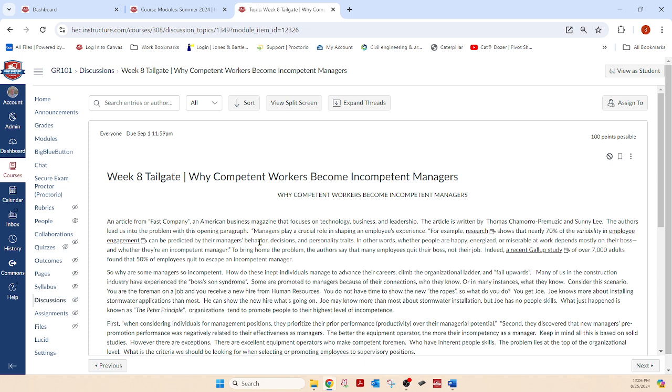Each response is worth, according to whether it's initial, first, or second, up to 30 to 35 points. So when you leave a 35-point response out, you've just failed this tailgate. Three responses: two of them are worth 35 and one is 30. That's 100 points.